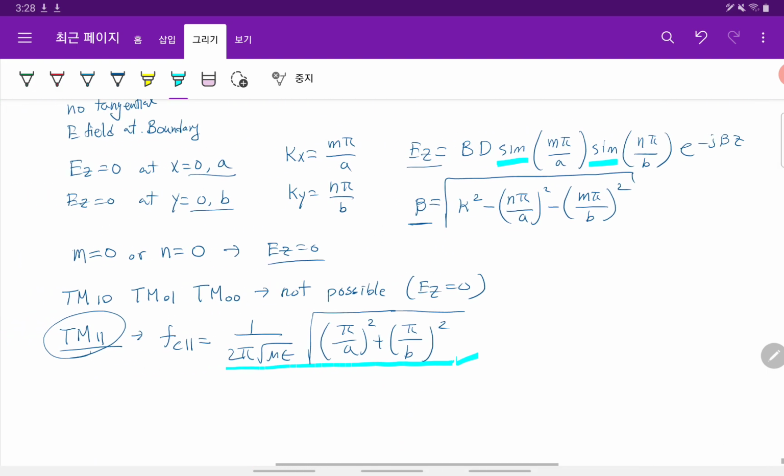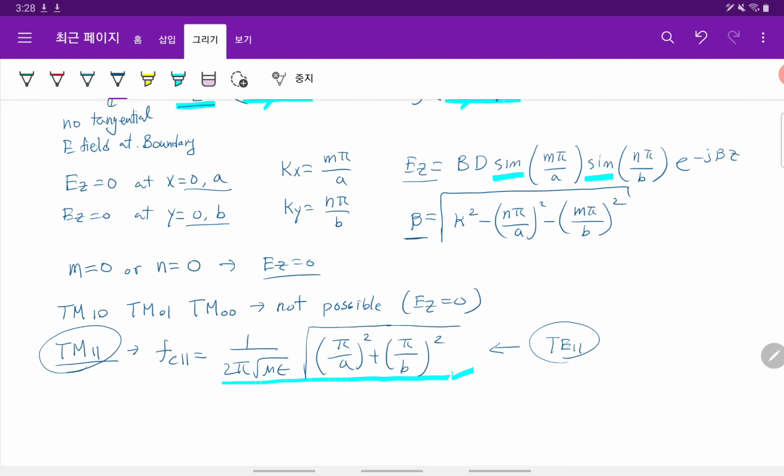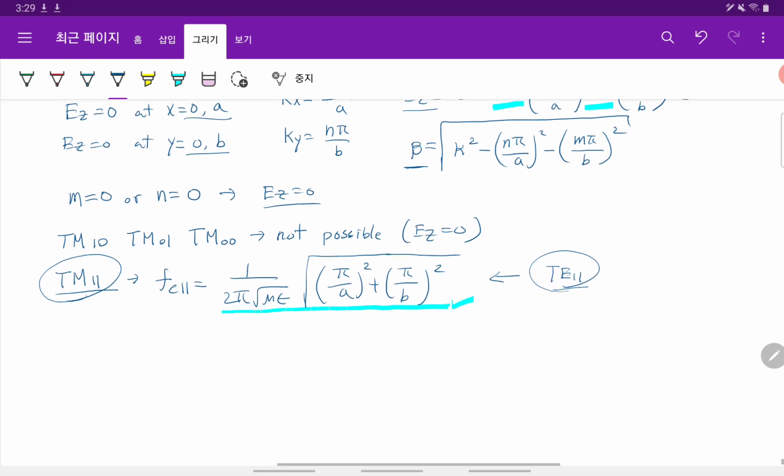This is one thing we need to remember. And this is the same as the TE11 mode cutoff frequency. If we put the equation for the TE case, the cutoff frequency will be the same. So that means both modes can be supported at that frequency.